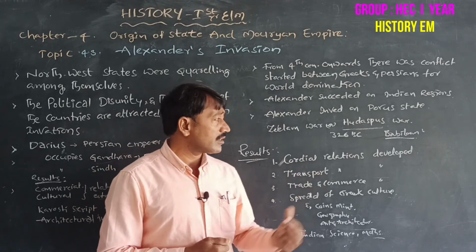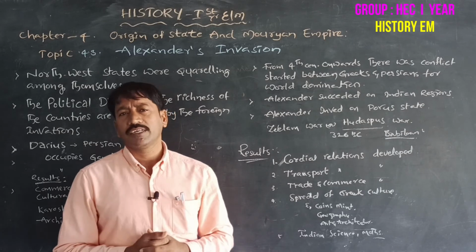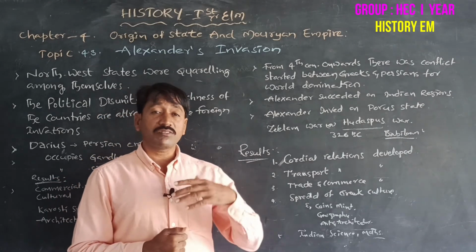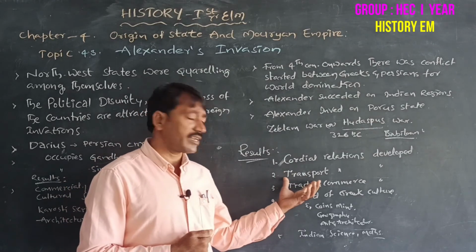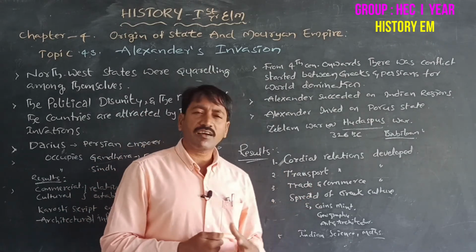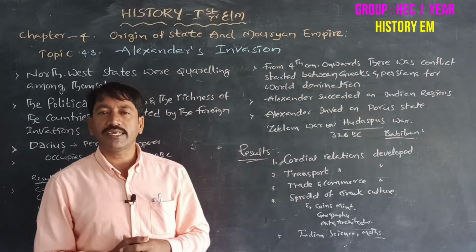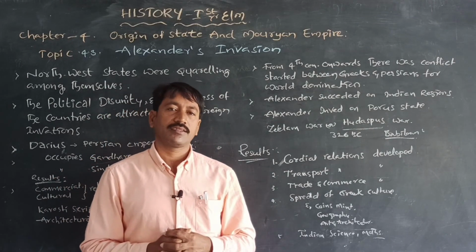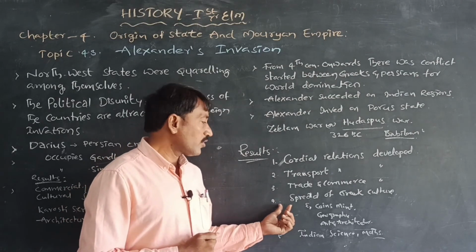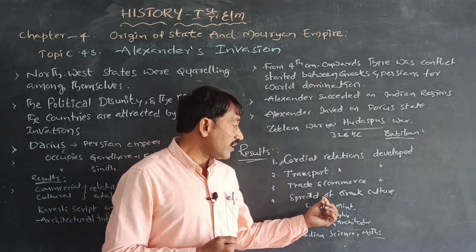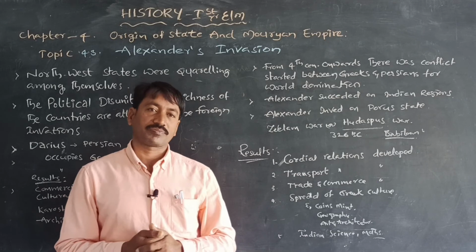And transport relations also developed between Europe and India. Transport facilities also developed. And trade and commerce relations also developed between India and Greek countries. This is most important. And the fourth one is the spread of Greek culture in this country.